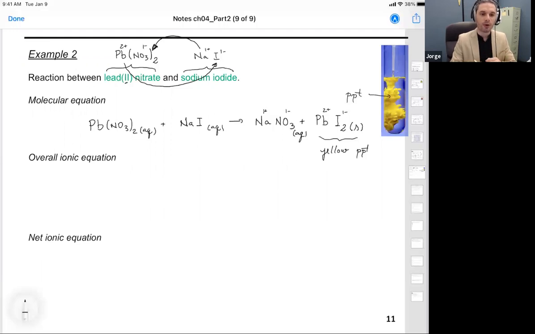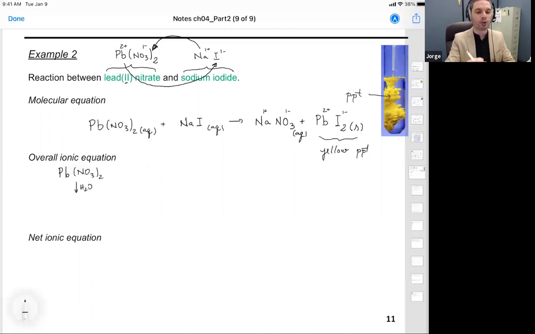Okay, so now let's write the overall ionic equation. The overall ionic equation, you have to write the reagents as ions. So let's start with lead nitrate, and let's dissolve this in water. Nitrates are always soluble, always soluble.